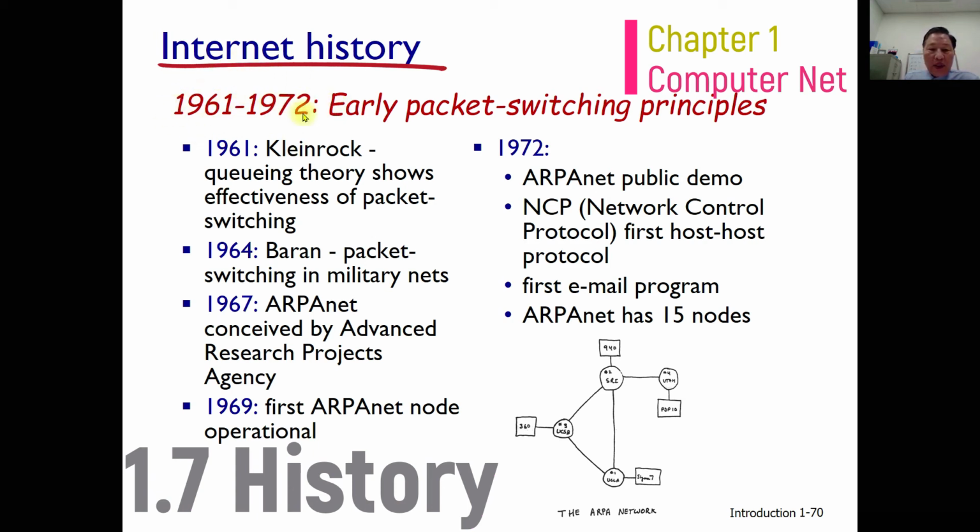During this decade, early packet switching principles appeared. Kleinrock, a professor at the University of California, Los Angeles, developed queuing theory. That theory is good for packet analysis in terms of delay, as we learned with queuing delay. Queuing theory shows the effectiveness of packet switching.